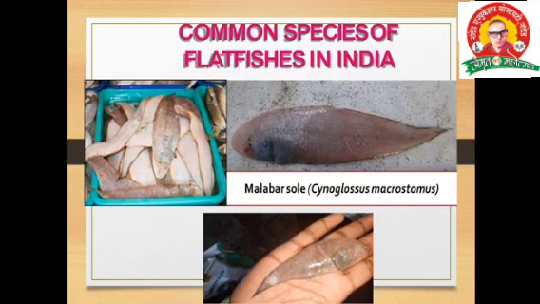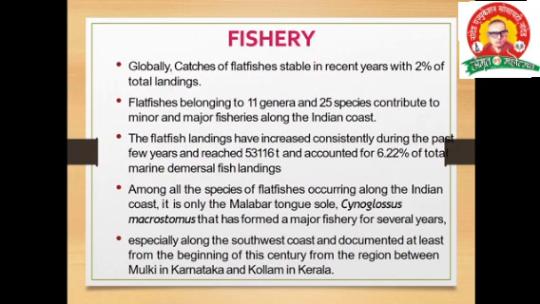Then about all of the fishes, all the images of common species, Malabar sole, that is flatfish or the solefish. Fisheries of flatfish or the solefish. Flatfish constitute in recent years 2% of the total landing. Flatfish belong to 11 genera. Already I told that 25 species contribute to minor and major fisheries.